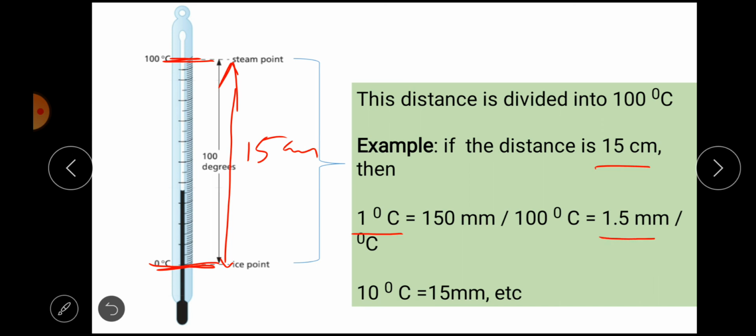Therefore you measure 1.5 millimeters and then you mark, starting from 0. So you divide that into 100 equal divisions. In that case, you have calibrated your thermometer. Meaning if 1 degree is equal to 1.5 millimeters, then 10 degrees is equal to 15 millimeters, etc.